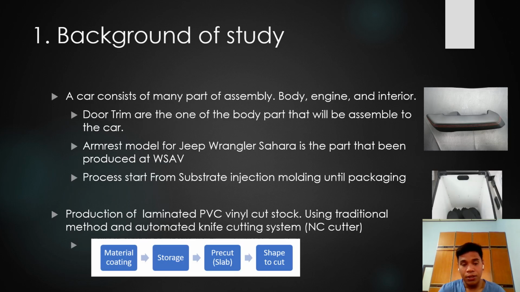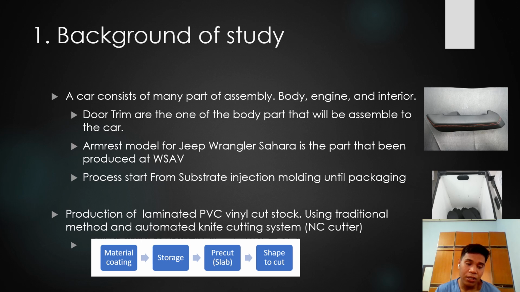For background study, a car consists of many parts of assembly, which is a body, engine, and interior. For the interior part, the door trim is one of the important things assembled in a car.